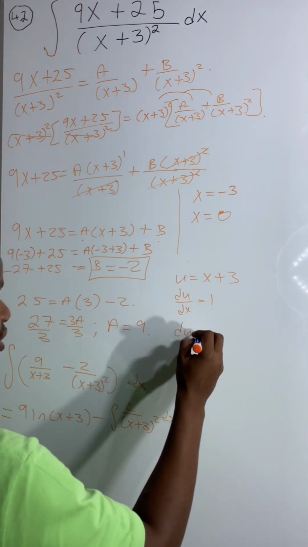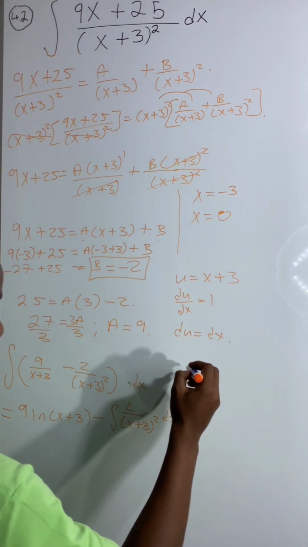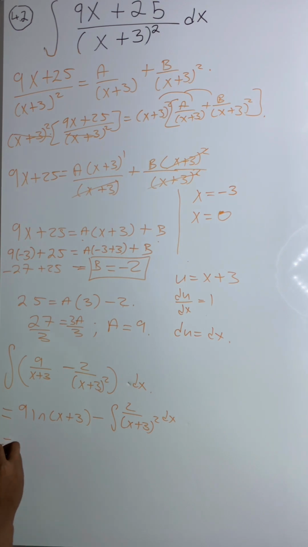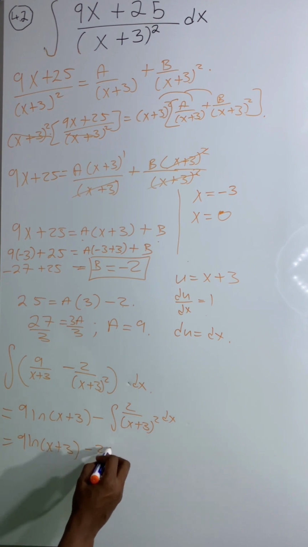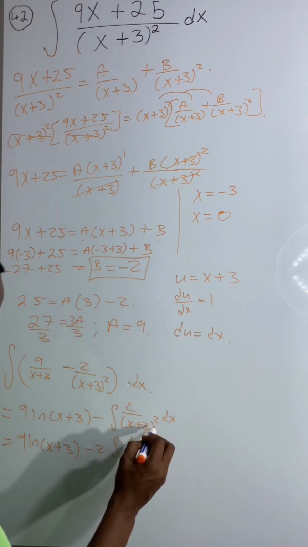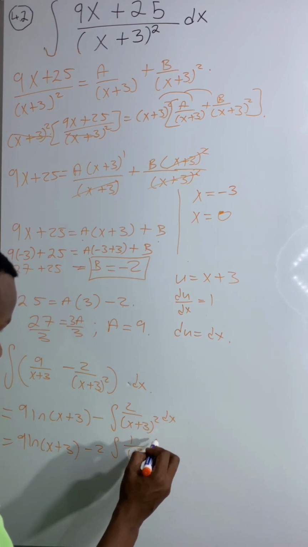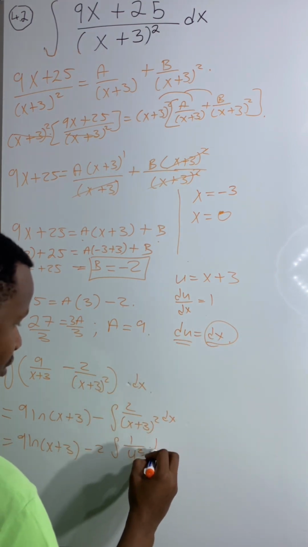So du is equal to dx, and we get that, okay, we take the 2 out of the integral because it's a constant. We get 1 over, we said that x plus 3 is equal to u, but the x plus 3 is squared, so we have u squared. And we also said that dx is equal to du.